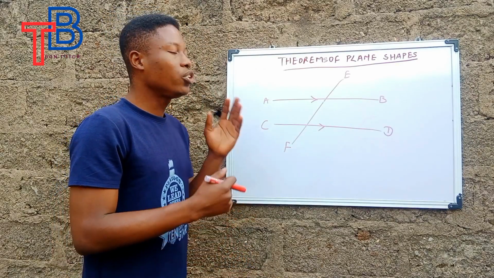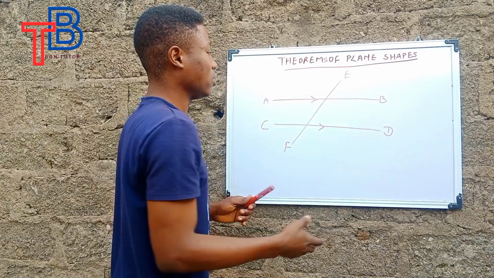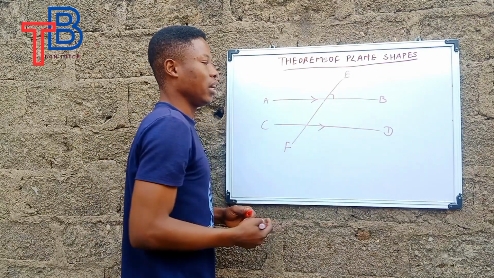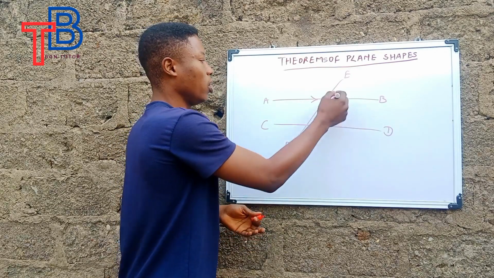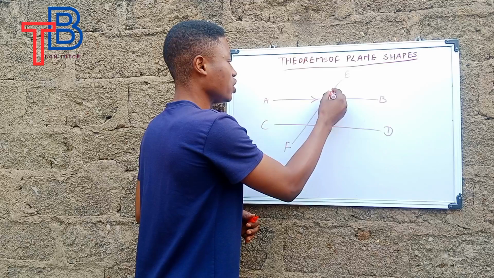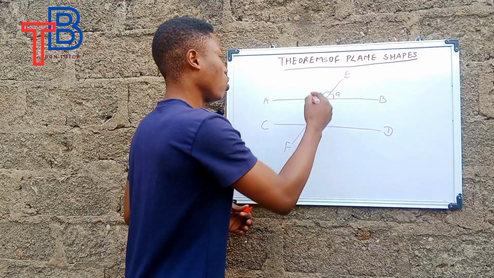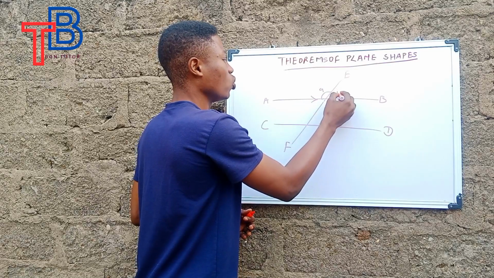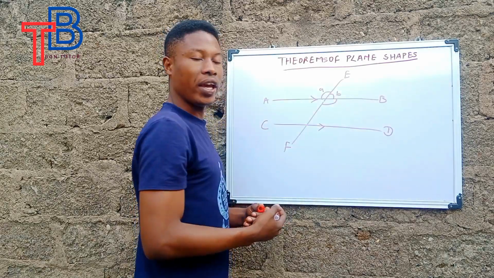So now you will notice that this transversal makes an angle here, and let's call this one A. It also makes an angle here. Let's call this one B. It makes an angle here also.